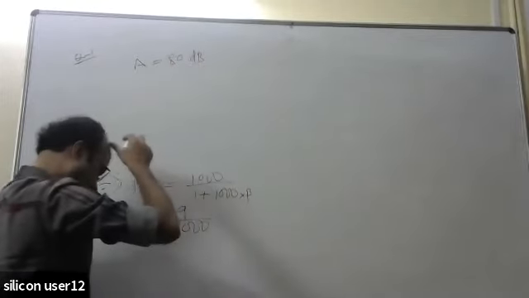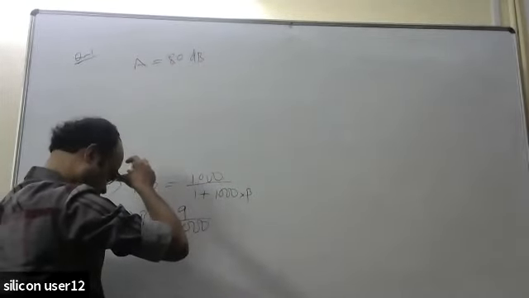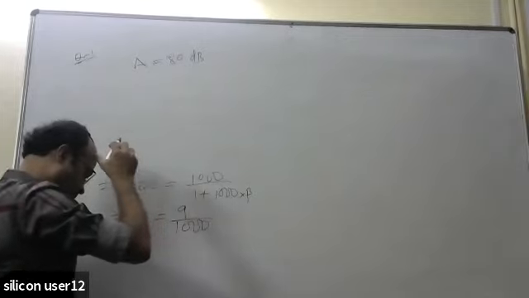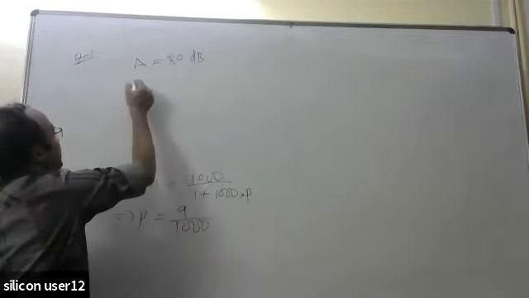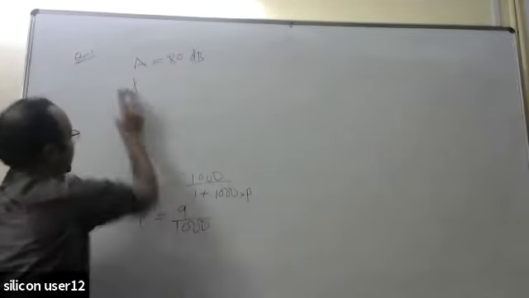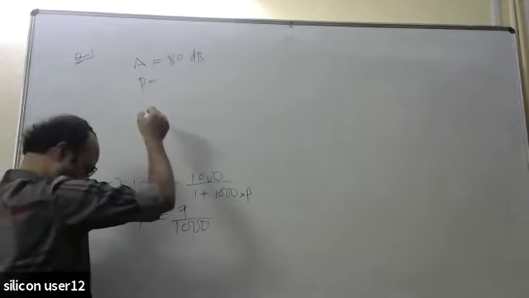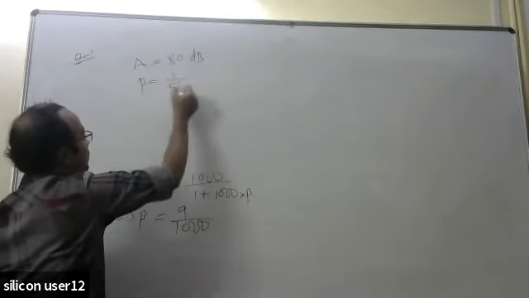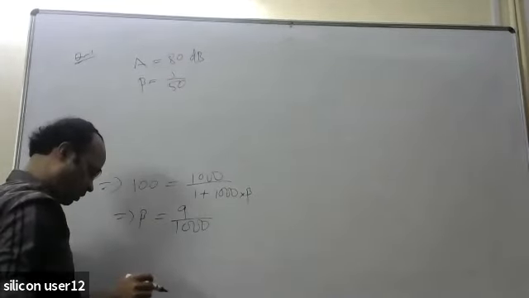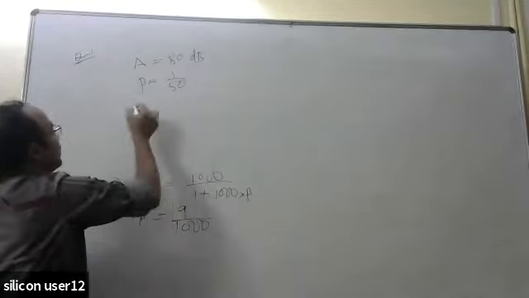And gain with negative feedback, and the feedback factor is given as beta, beta equal to 1 by 50. Find the closed loop gain.